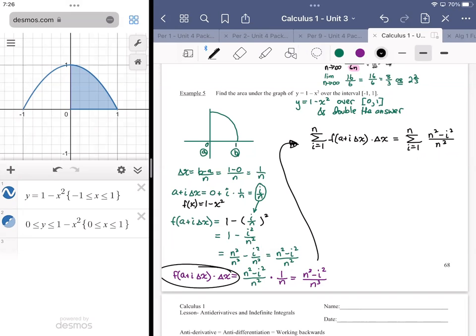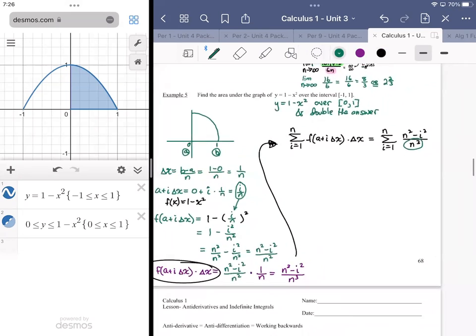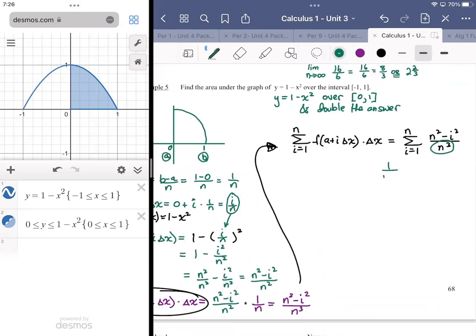So I can pull out the n cubed and make it 1 over n cubed times the sum from I equals 1 to n of n squared minus I squared.